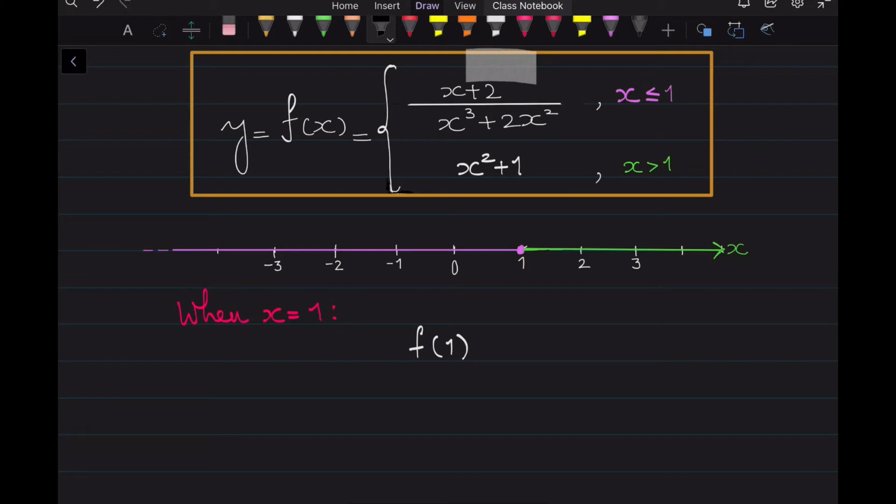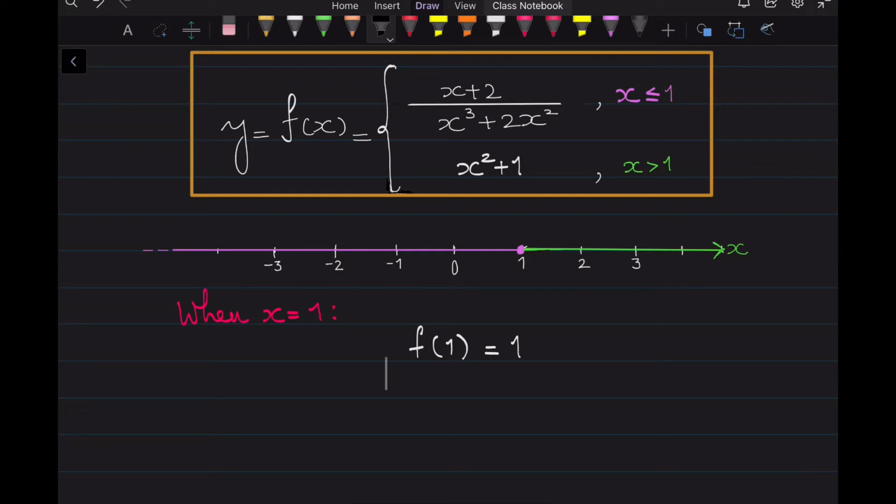So when we substitute x is equal to 1 in this expression and we simplify it, it comes out to be 1, and it's quite easy to do that. So f of 1 comes out to be 1. But that this function is defined at x is equal to 1 does not mean that it is continuous at x is equal to 1. This is just one requirement of a function to be continuous at x is equal to a. Now we need to check its limit as x approaches 1.